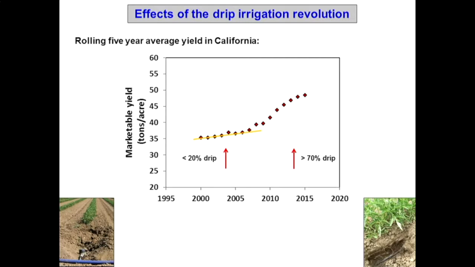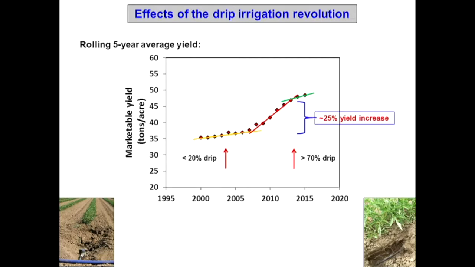We can see yields back in the 1990s or so being 30 tons or so, and then they just continue to increase. We can look at this timeline as when drip really became much more prominent, and we can see that yields have increased along with this timeline when drip was being more widely used.